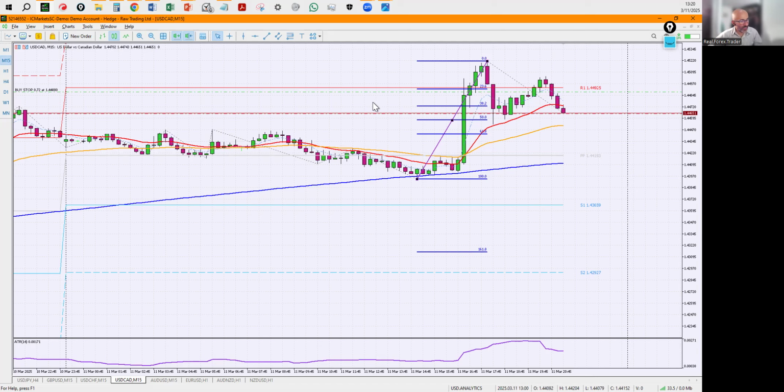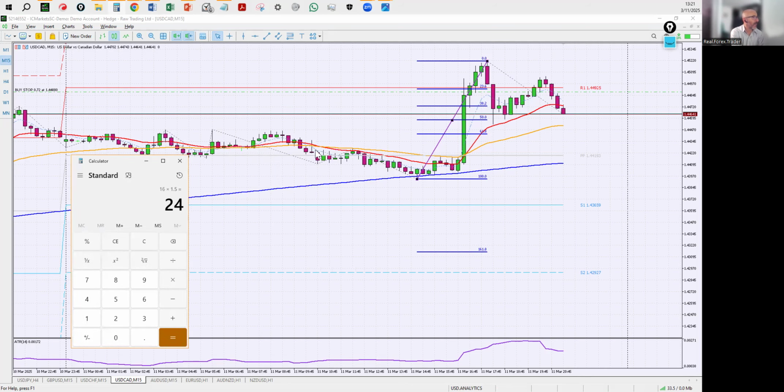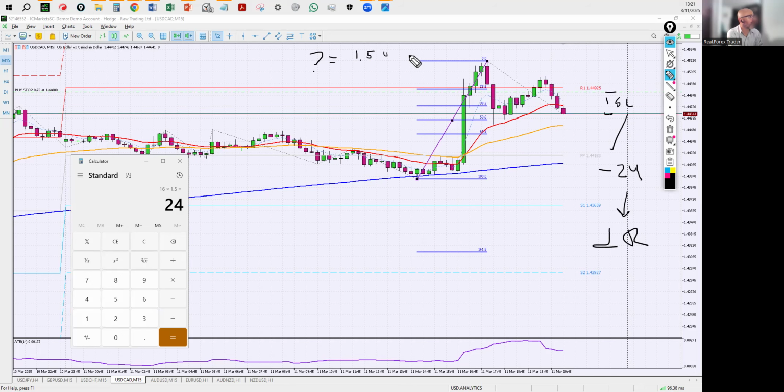Now, if I am risking 24 pips, remember in the previous video where we talked about risk to reward ratio, my current stop loss here is minus 24 pips, meaning 1R. My take profit should be 1.5R or 2R or 3R, but always falling into real expectations.